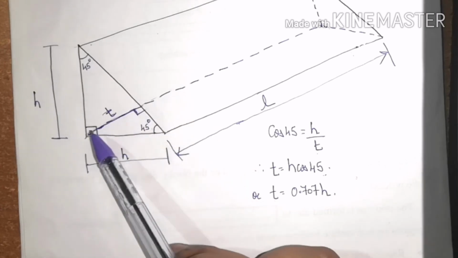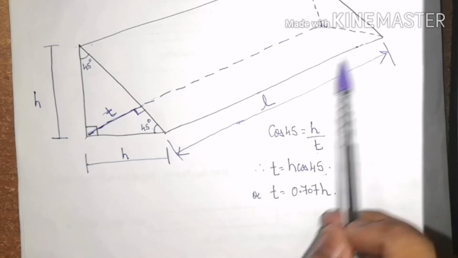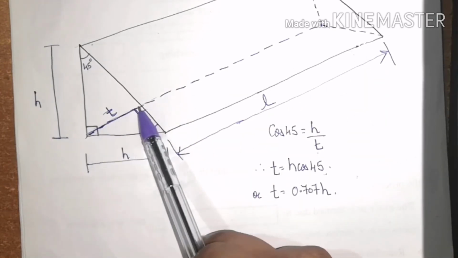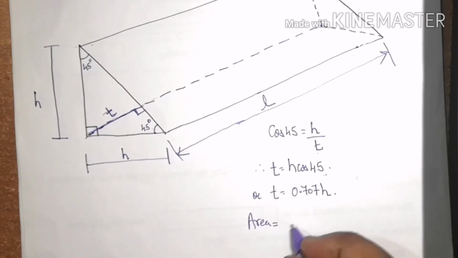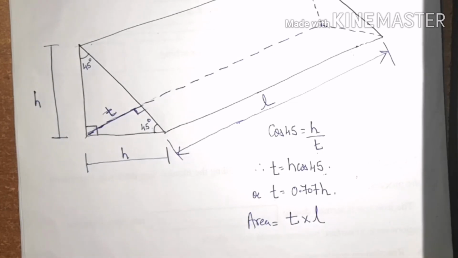Now when we consider the area of failure, we consider the minimum cross section area. When this joint will fail, the area will be L multiplied by T because T is my minimum dimension. So for area I will write area is equal to T multiplied by L, which is the minimum cross section area.